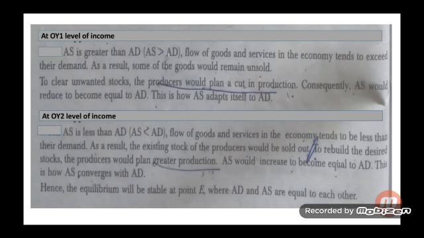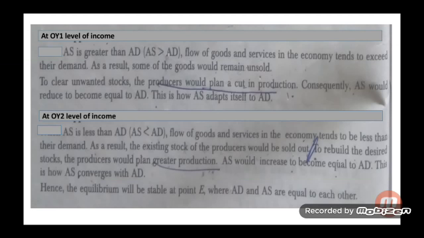This is how again AS converges with AD. इस तरीके से AS फिर AD के इक्वल हो जाएगा. Hence the equilibrium will be stable at point E where AD and AS are equal to each other. It means equilibrium point क्या है? E, जहाँ पे AD AS के equal है.